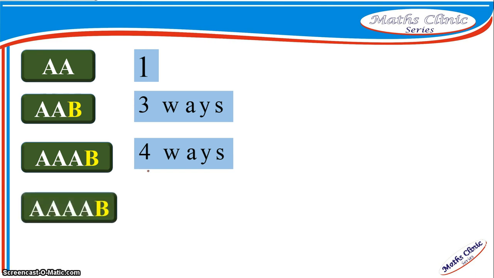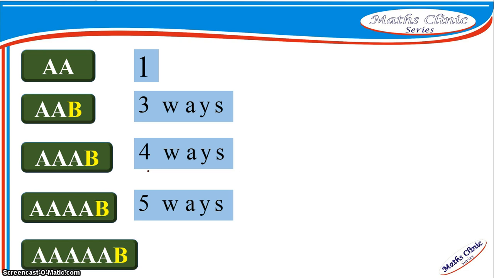Five letters, four are repeating, will give us five ways. So if I have 10 letters and 9 are repeating, I will get 10 ways. All right. But then let's see, if I have 6 and 5 are repeating, I'll get 6 ways.